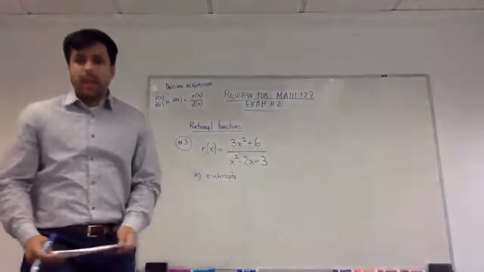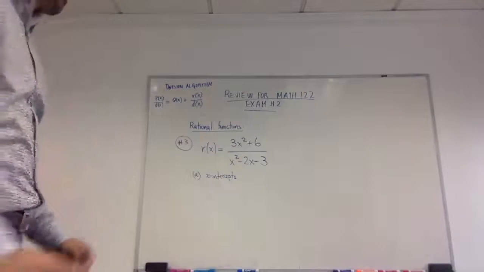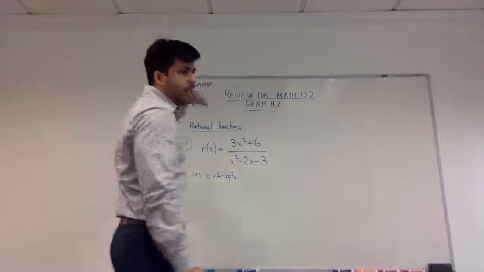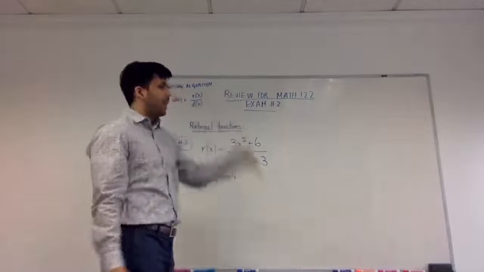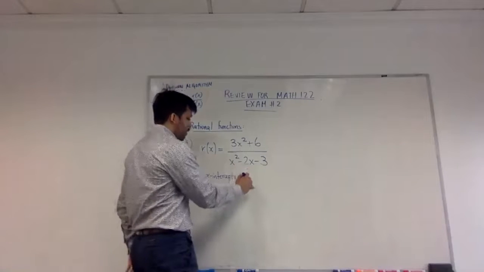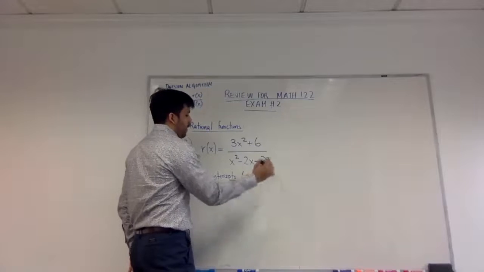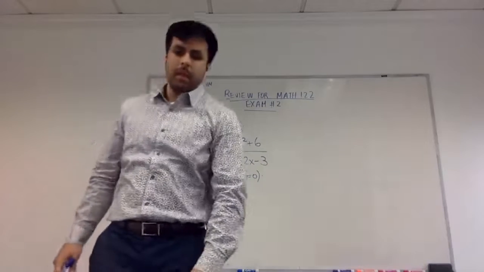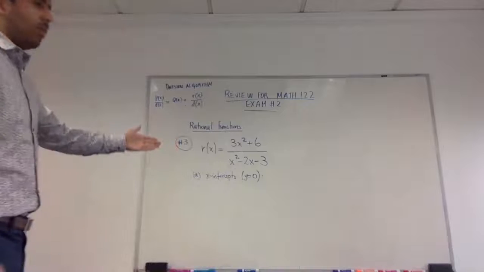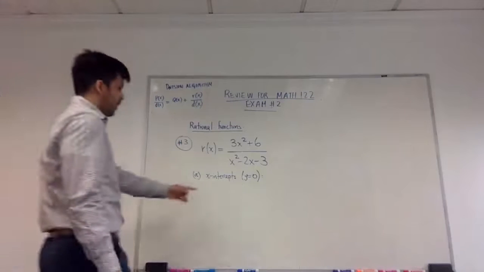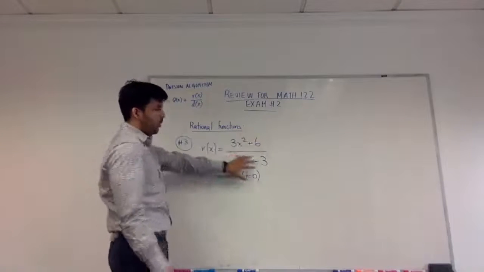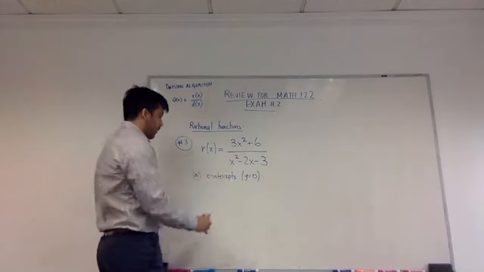Now remember, the x-intercepts are the points where the graph crosses the x-axis. If you cross the x-axis, my y value will always be 0. In order for my y value to be 0, I need to set my rational function equal to 0. So I'm going to say that.